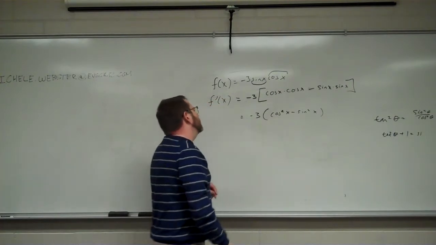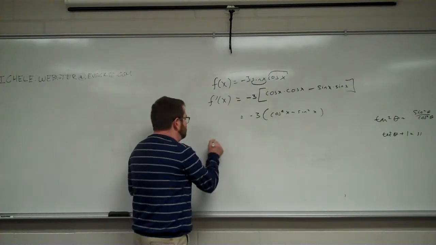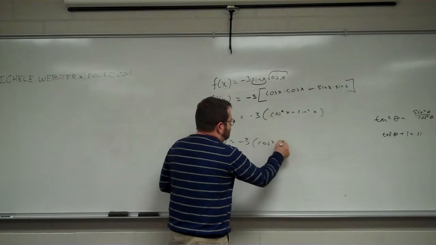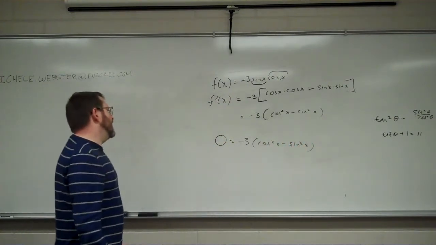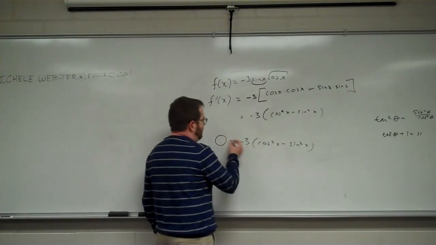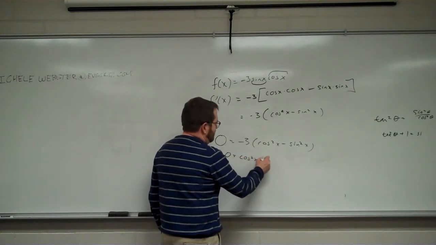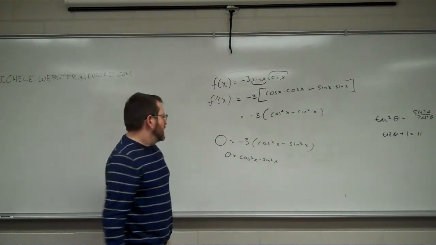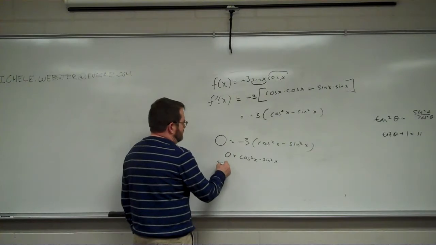All right. So what we need, if we want the slope to be 0, is to find the values of x that make this true. Can we agree that we can divide by negative 3, so 0 equals cosine squared minus sine squared? Does that make sense? Can we agree that we could move sine squared over to this side?